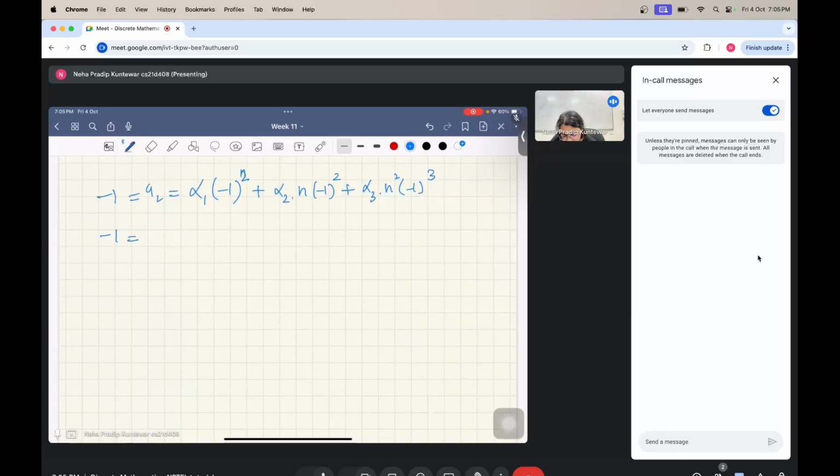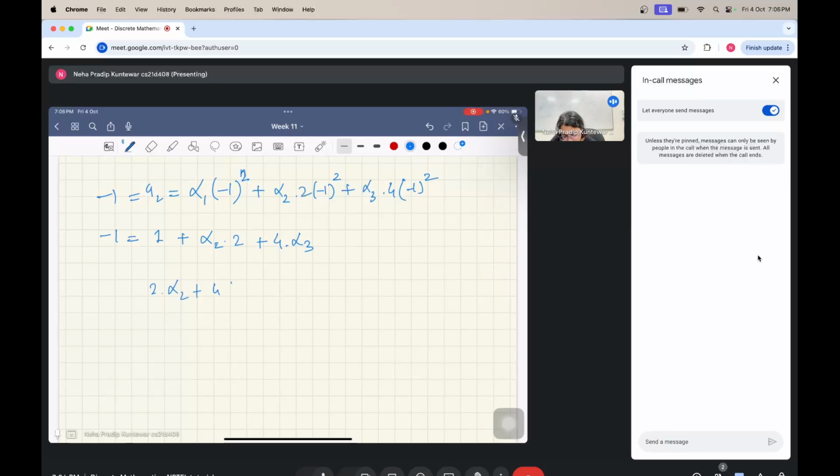So minus 1 is equal to alpha 1, which we know is 1, plus alpha 2 times 2, and this should be 4, I did not substitute it here, square.